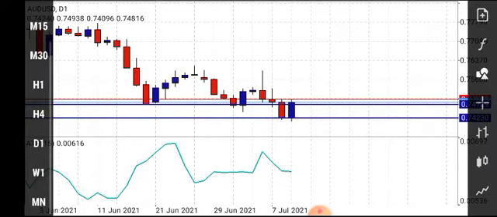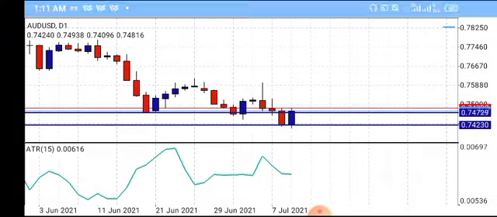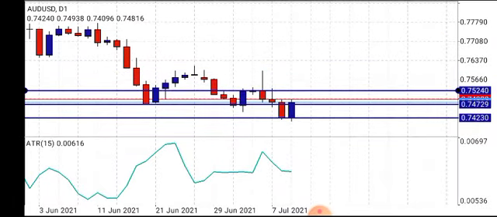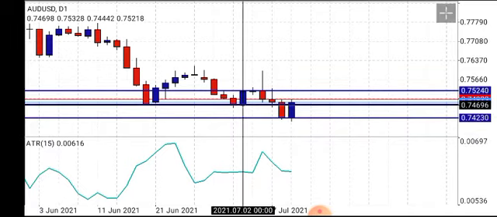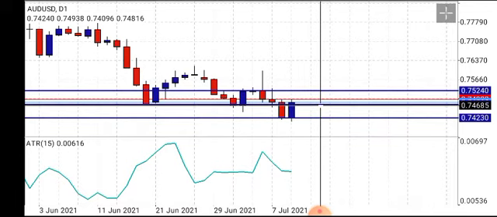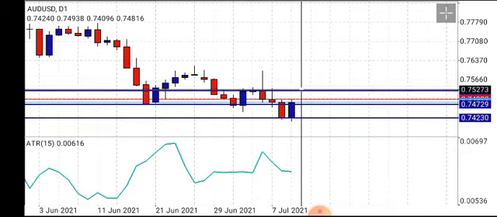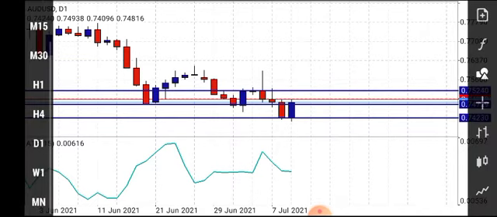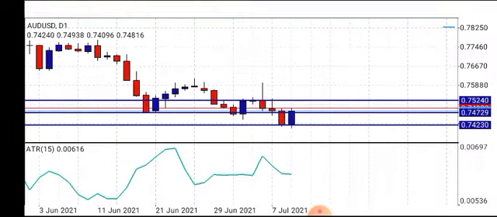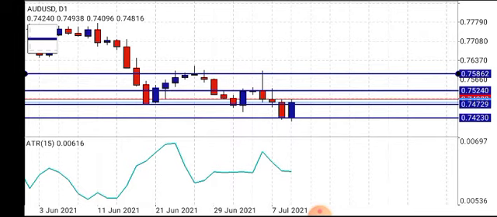Now we have a resistance level here. So if the market closes above that level, I might consider buying. So I'm considering selling below this level and buying above this level. If I buy above that level, my first take profit will be at this resistance level.